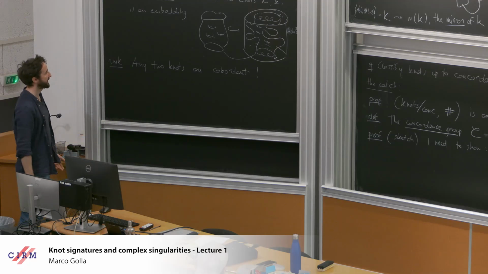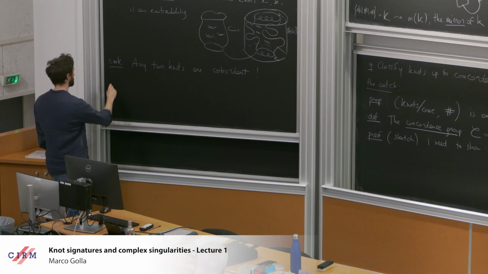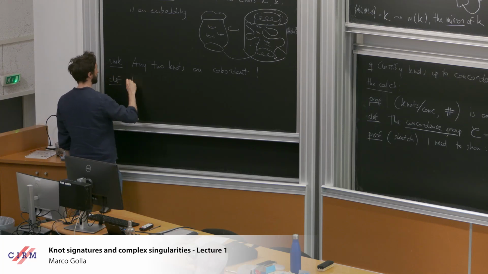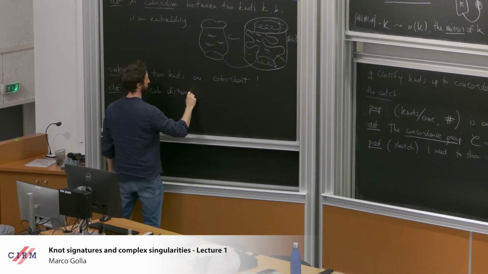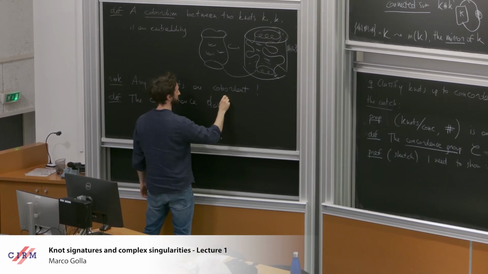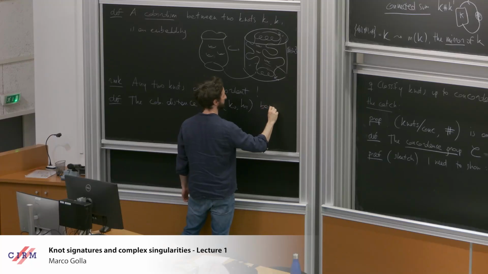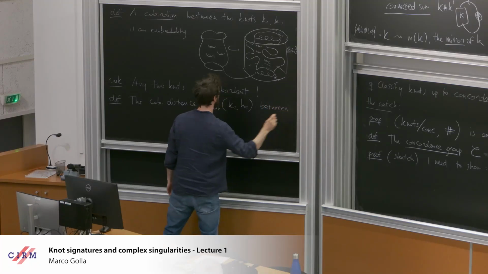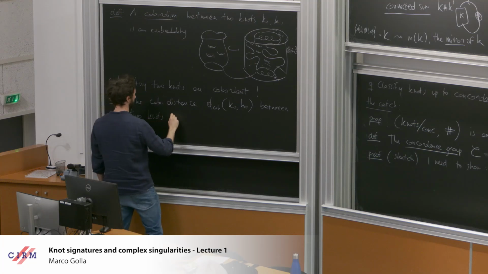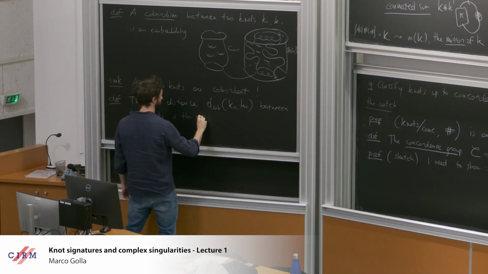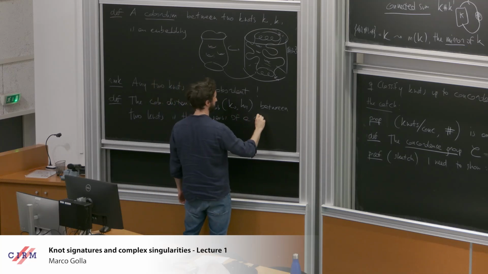But this allows us to measure how distant 2 knots are. So the cobordism distance d_cob(K0, K1) between 2 knots is the minimal genus of a cobordism between them.